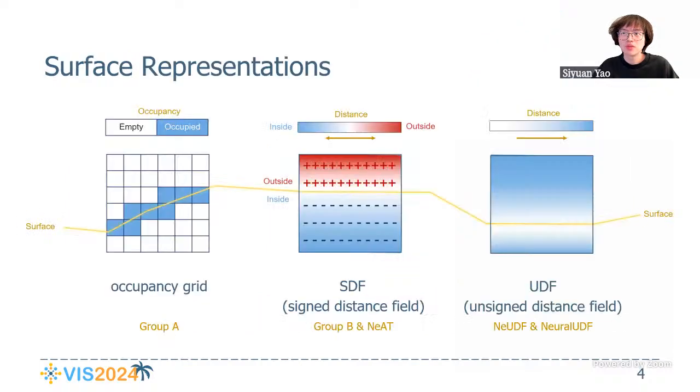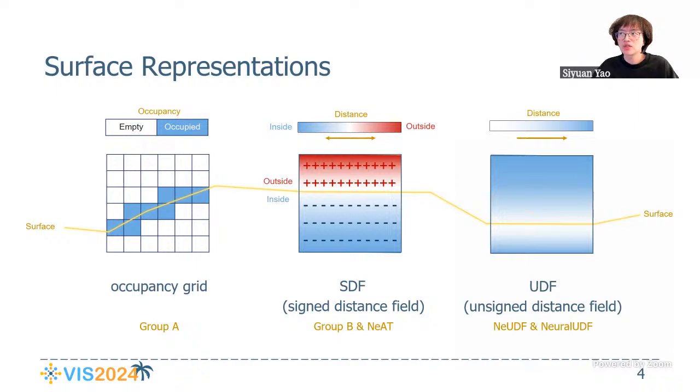These methods use different surface representations. The first group uses occupancy grids to represent surfaces, where each cell in the grid is either marked as empty or occupied based on a density threshold. Signed distance fields, known as SDF, represent surfaces using orthogonal distance to the surface and using sign to indicate inside or outside.